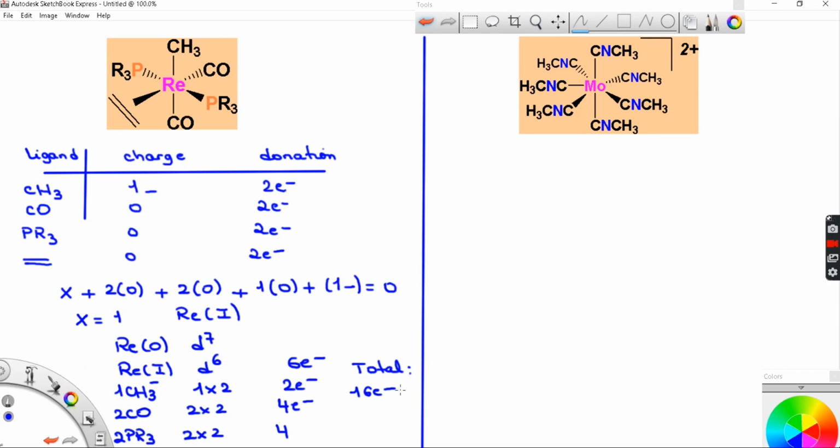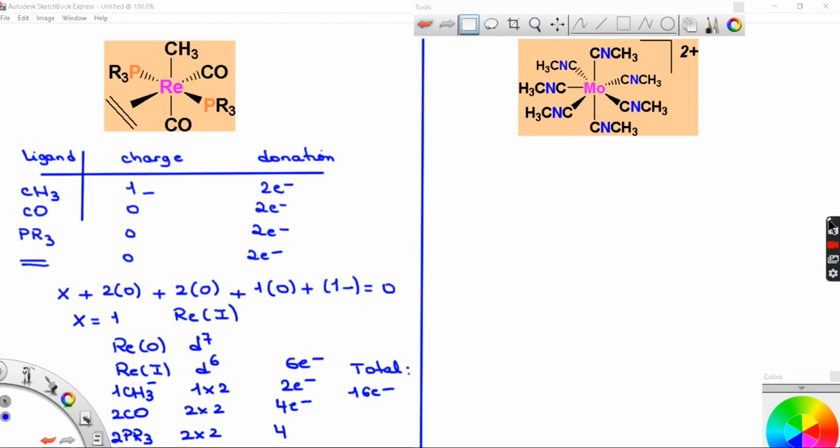Example, we have a complex of molybdenum and we have CH3CN ligand. Suppose we don't know the charge and the donation of CH3CN ligand. So we write Lewis structure.